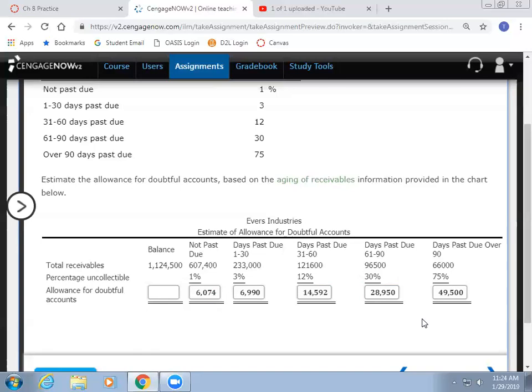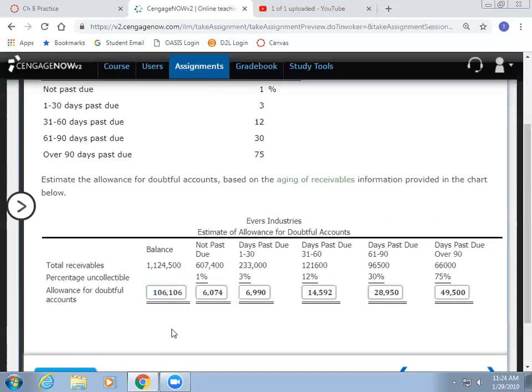To figure out my adjusting entry amount, I'm just going to add all of those up. Whenever you get an answer, feel free to shout it out to me. What is my total allowance for doubtful accounts balance? 106,106. Very good.